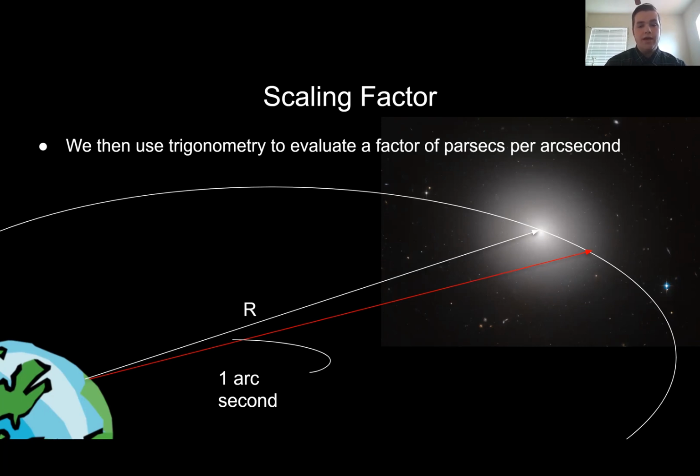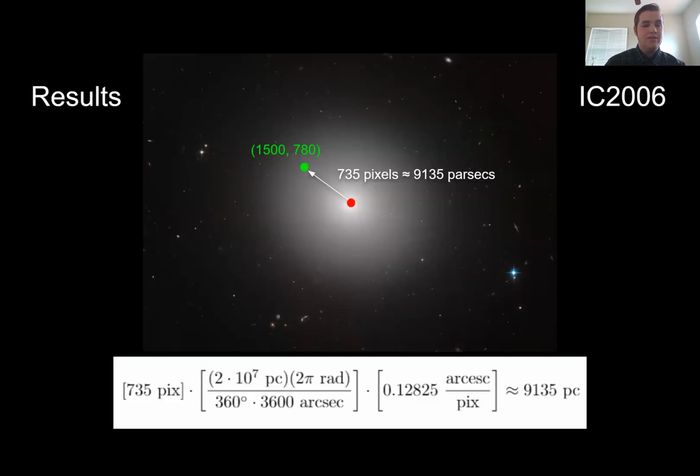From there, we had a scaling factor in terms of parsecs per arcsecond and another one in terms of arcseconds per pixel. So we now have a way to relate parsecs directly to pixels. So applying that scaling factor to the same distance computation you saw before, we arrived at 735 pixels across IC 2006 corresponds to approximately 9,135 parsecs in real space.